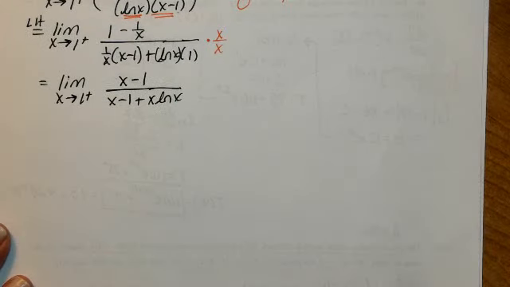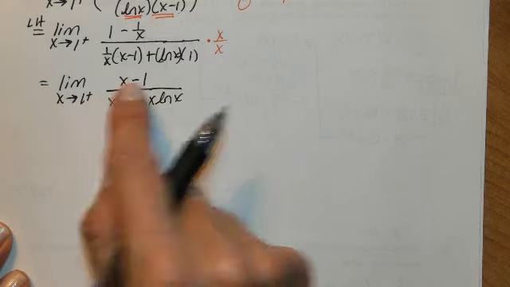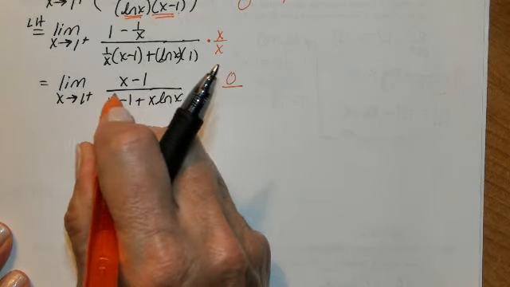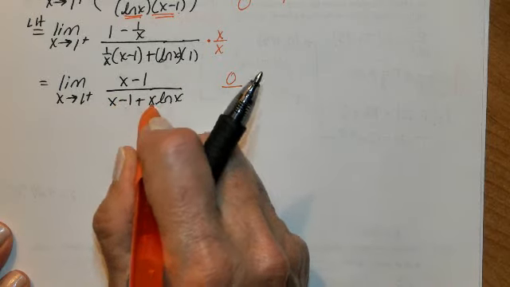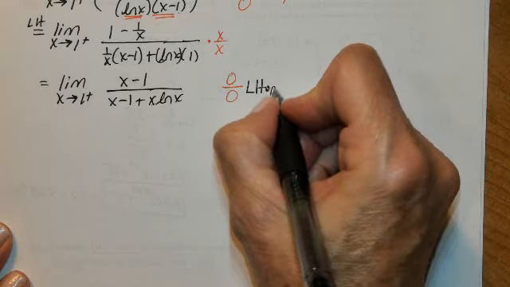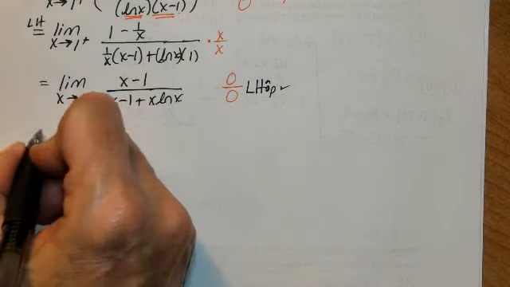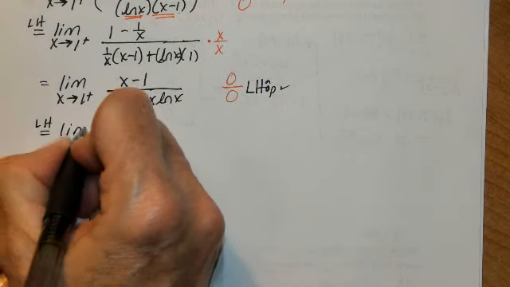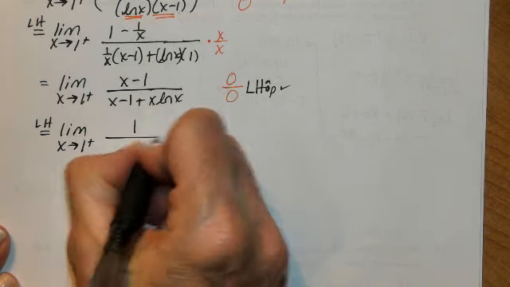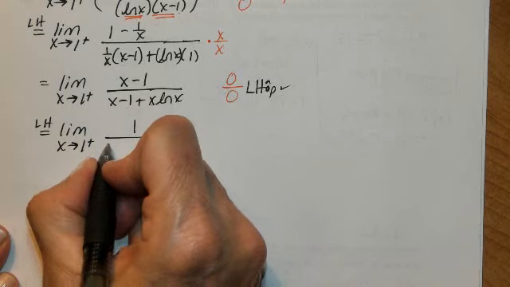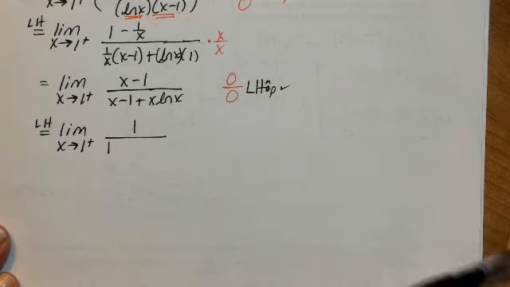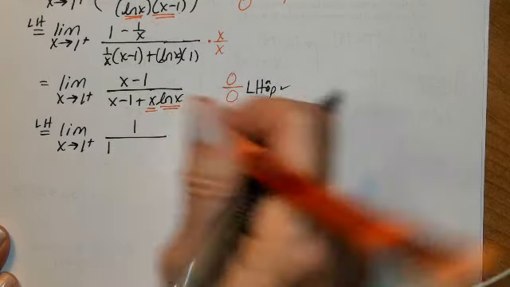Okay. Plug in 1 again. The numerator, we're going to have a 0. The denominator, we're going to have 0 plus 1 times 0. So we get 0 again, and so we need L'Hopital's again. So L'Hopital's: derivative of the top is just 1. Derivative of the bottom is 1 minus 0, and now we need to use the product rule again here, right?